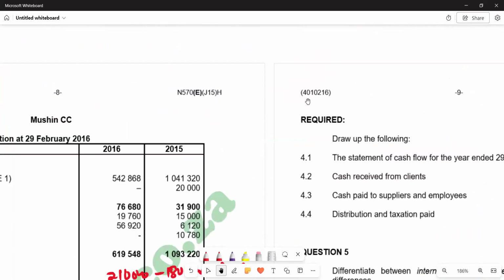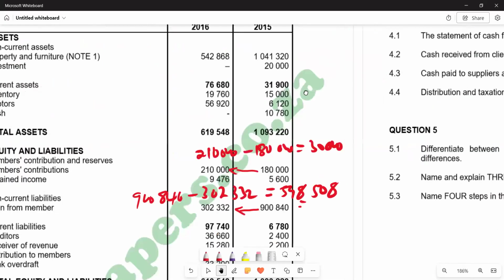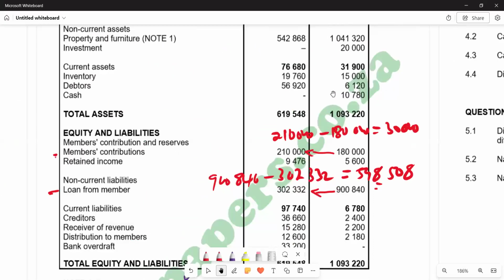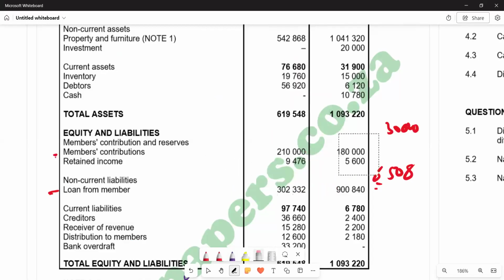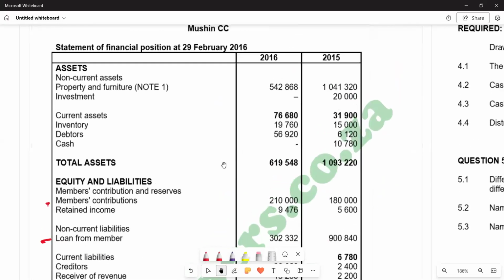That will indicate for us the balance that we have. And we know that our current assets are here. We've got cash in 2015, we've got 10,780. So this is the balance at the beginning.